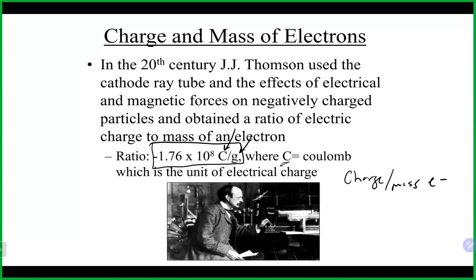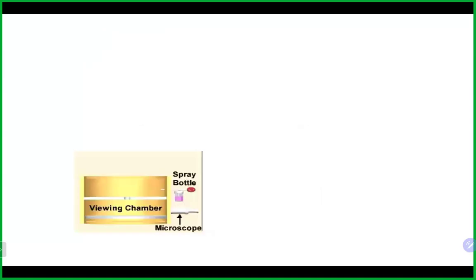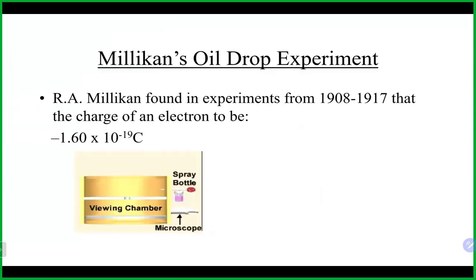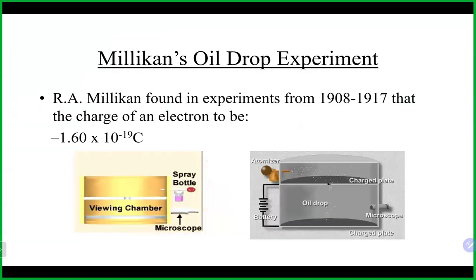The next experiment that complemented what Thomson was doing and helped us get an even better understanding of the electron was an experiment done by a guy named Millikan. Millikan did what is known as the oil drop experiment, and it is kind of what it sounds like.